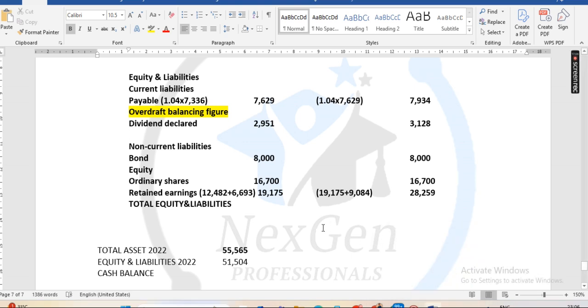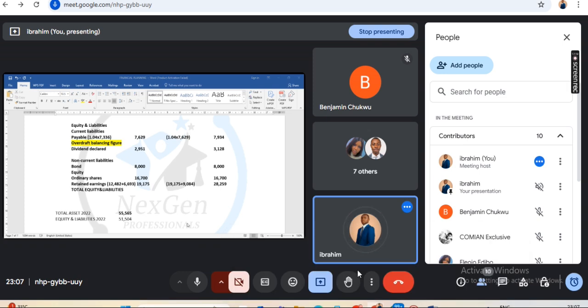Okay, the total asset is higher. Oh, there is a problem. Class, there is a problem. What it means is that Color PLC has borrowed money, because when your asset is increasing, what will happen to your cash flow?